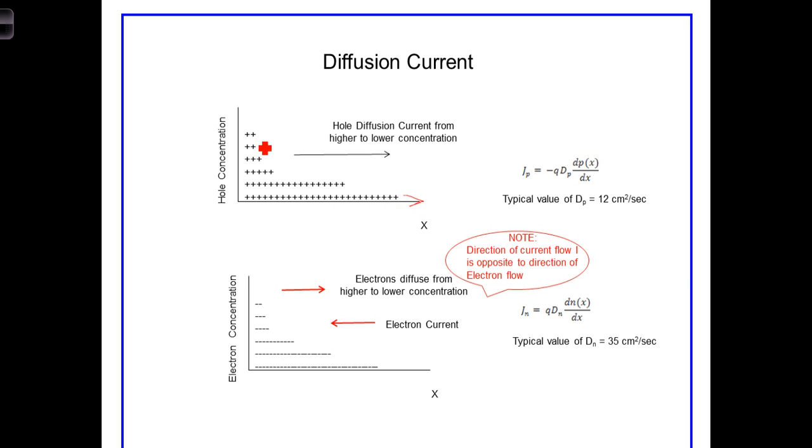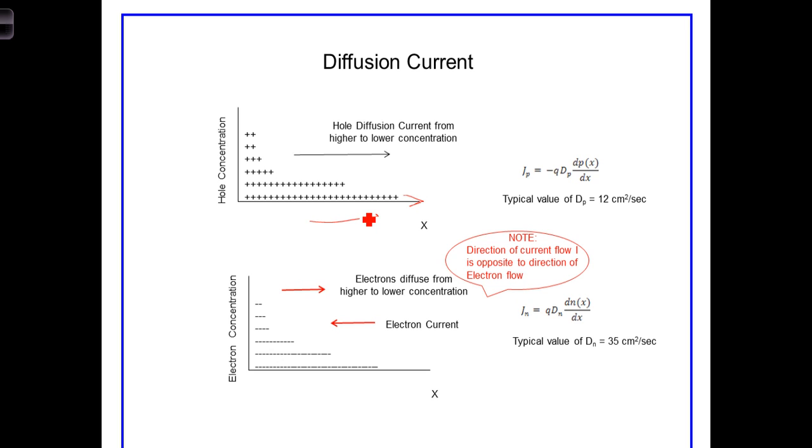So in that sense, the derivative of this is going to be negative. Thus, when we talk about the current flowing, we've got a negative sign here times a negative to give us positive, and we expect holes to have a positive charge, a positive flow in the positive X direction.